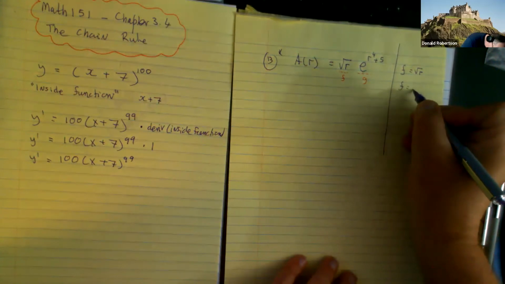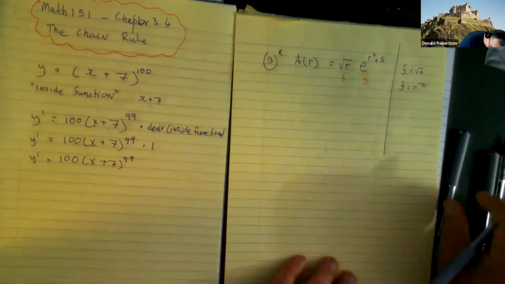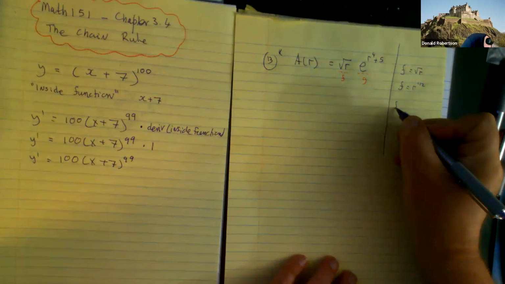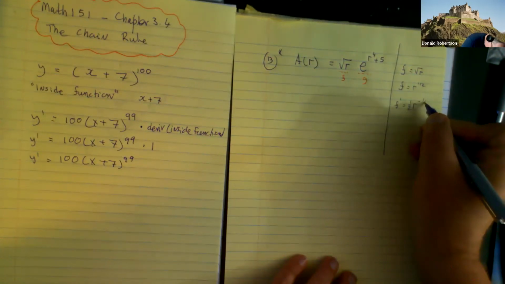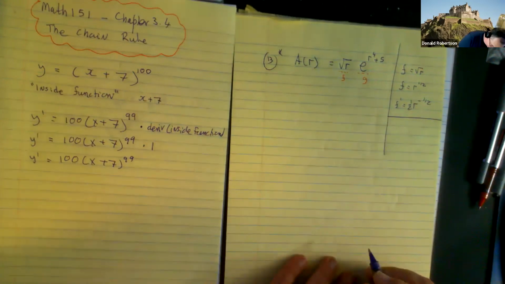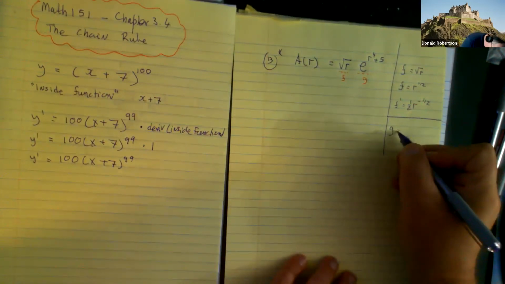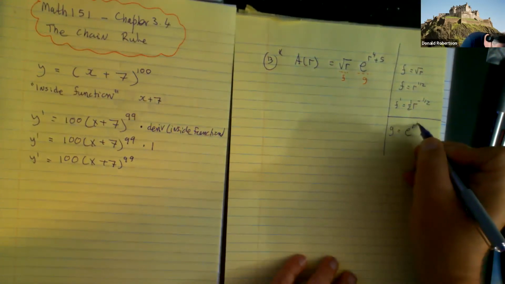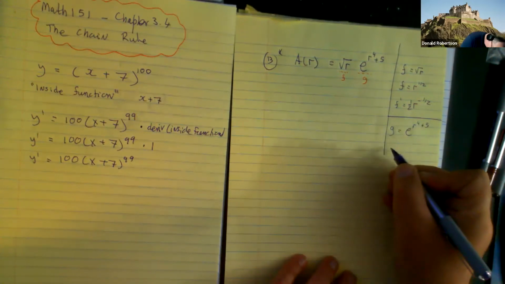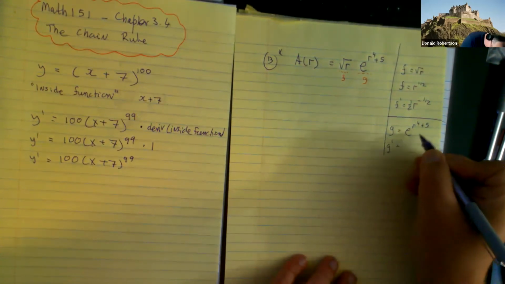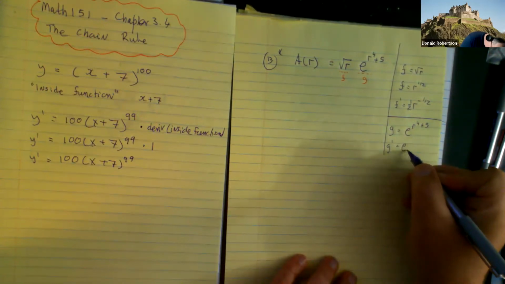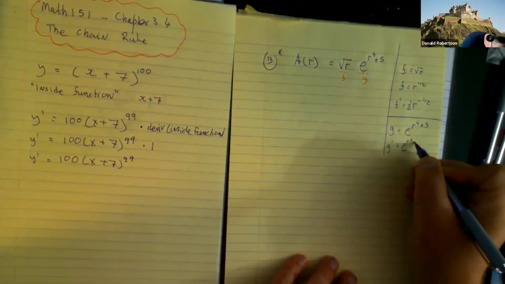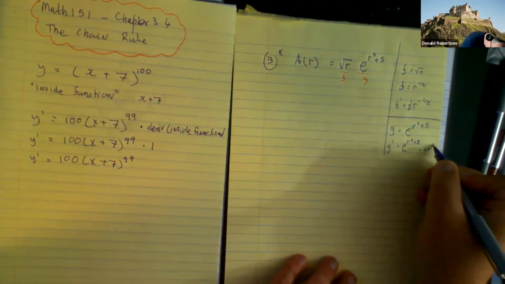I'm going to have to call it r to the half. I'll now differentiate it. And there's f dashed. The other function g is going to be that guy. This is the inside function, so it's e to the inside function times the derivative of the inside function, which is that guy.